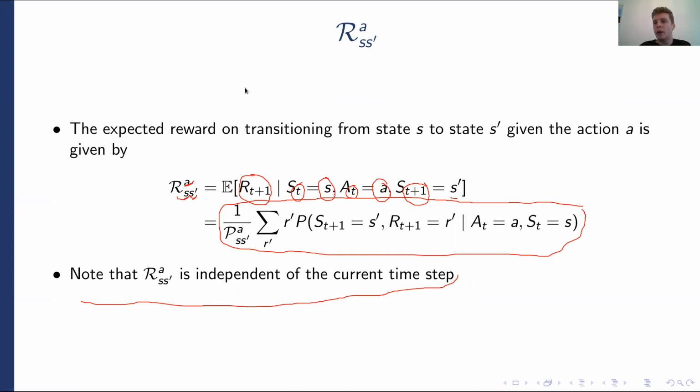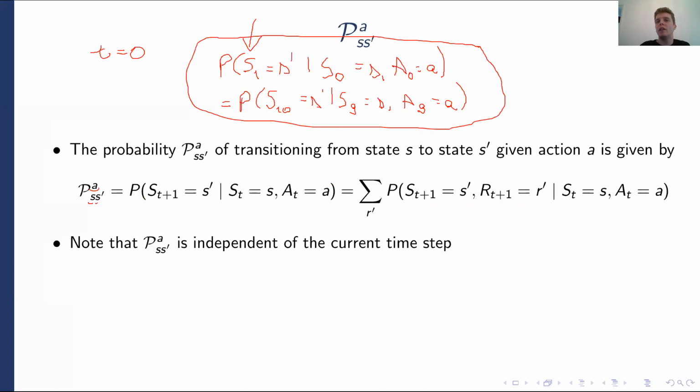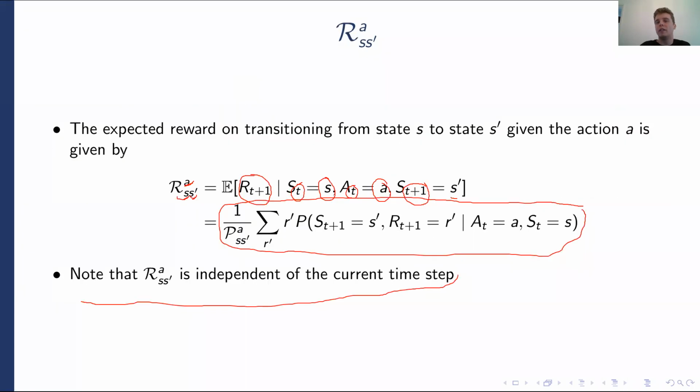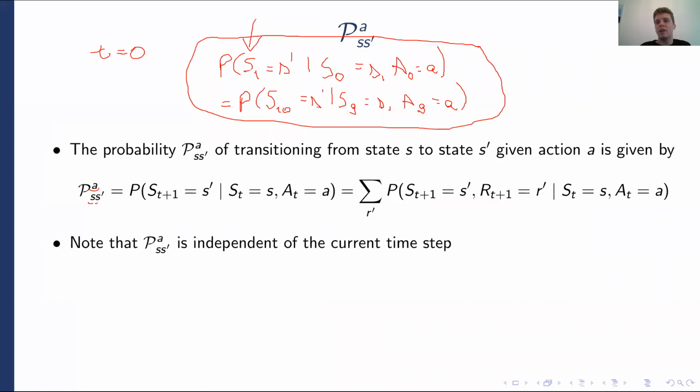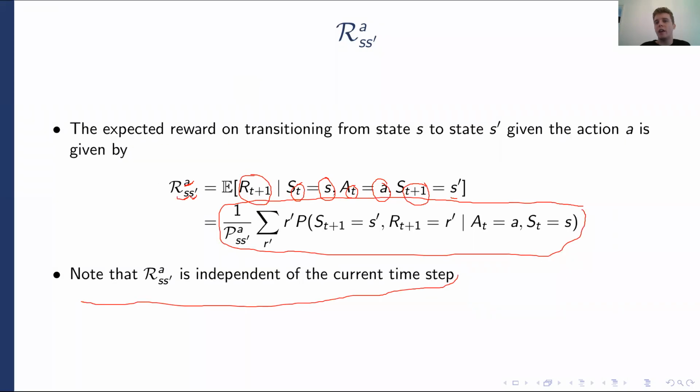Okay, so one way to represent the dynamics of the environment fully is through the one-step dynamics, and the other is through these two quantities for every pair of state and action. If you implement a class, for example, in your favorite programming language that has a function that returns these two quantities for every pair of state and action, I will be able to apply a reinforcement learning algorithm that finds the optimal policy as long as the number of states and the number of actions is finite.